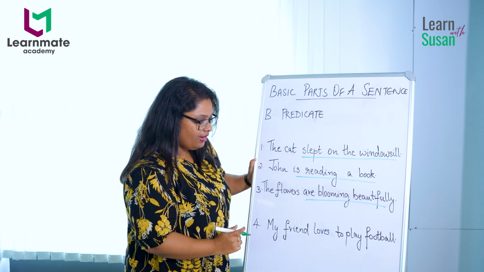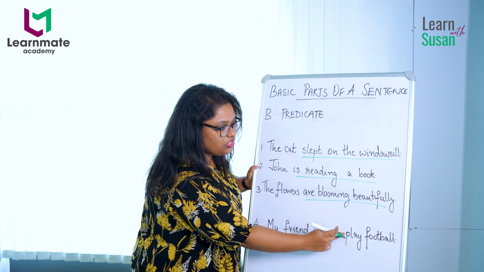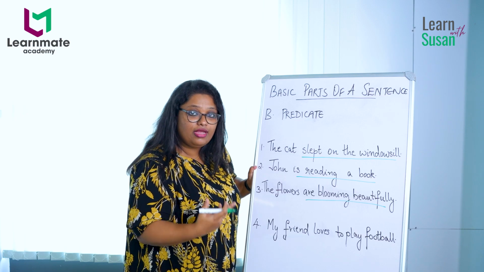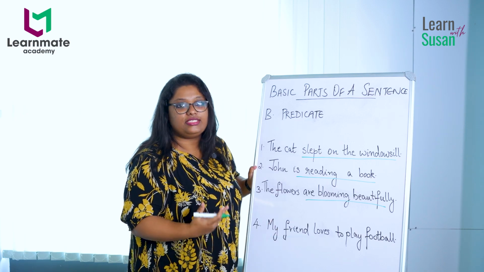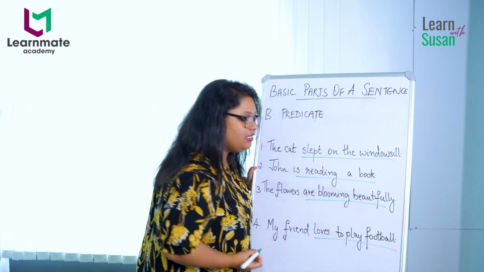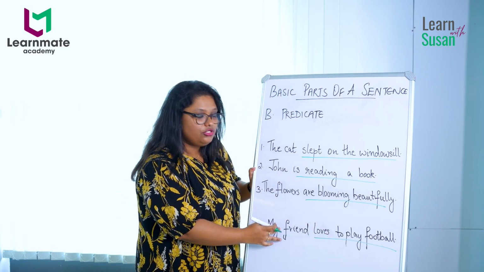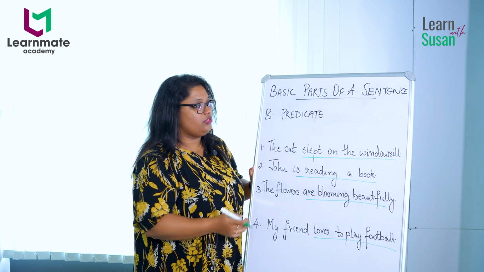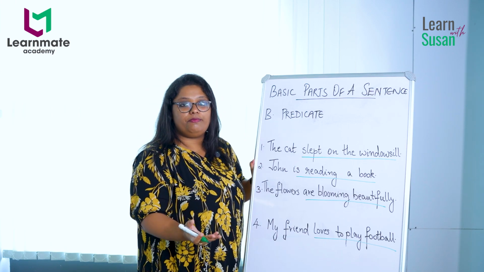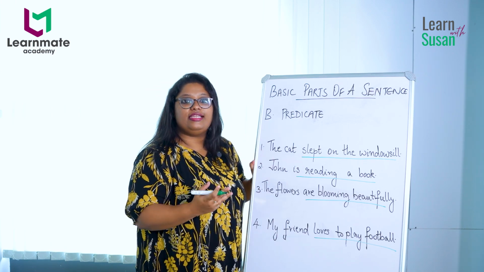Moving on to the fourth one, my friend loves to play football. We are talking about my friend, which is the subject, and this becomes the predicate because it has a verb. So this is how subject and predicate work in a sentence in English.